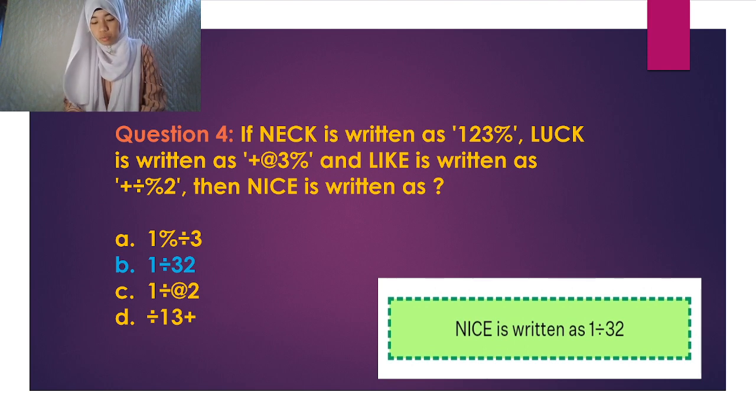N is coded as 1, and I is coded as divide, C is coded as 3, and E is coded as 2. So the answer is 1 divide 32. So the answer is letter B. Nice is written as 1 divide 32.